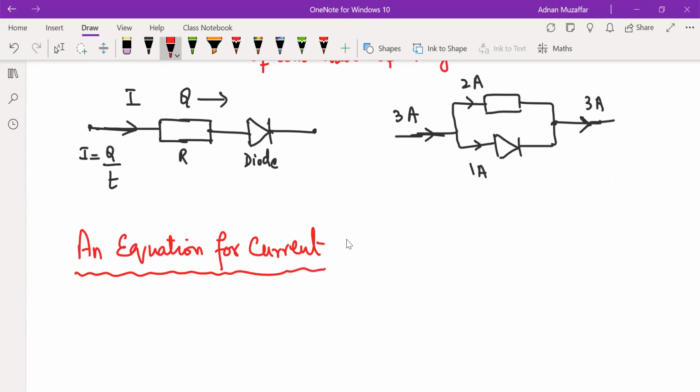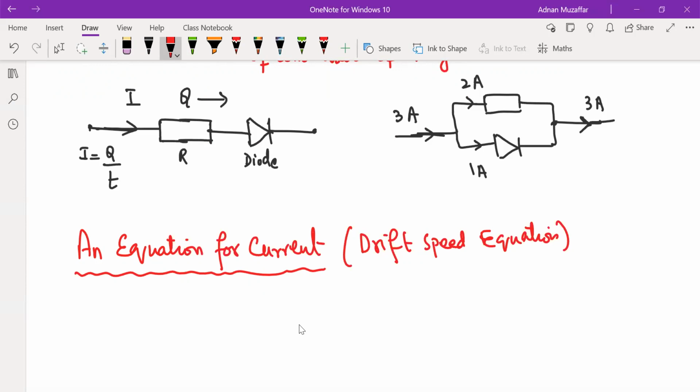This is also called drift speed equation. So actually, by the help of this equation, we will be able to find out the current which is flowing through the wire, inside the wire.